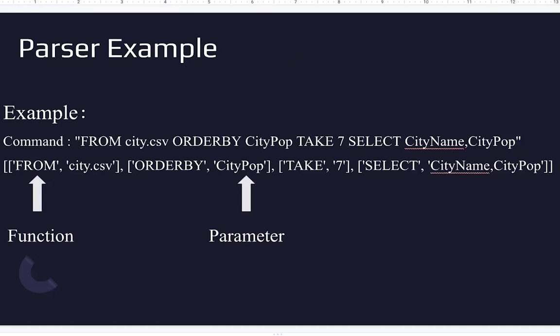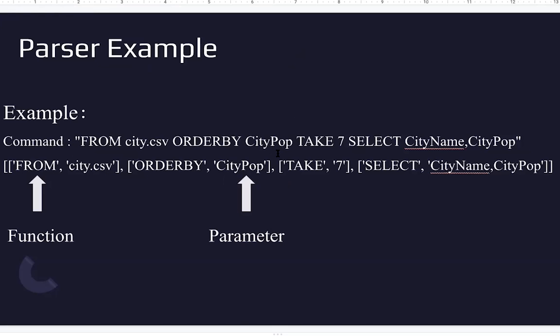Next slide, please. This is the parser example. For example, the user inputs a command with from, order by, and so on, and the parser parses it into a list of parameters.